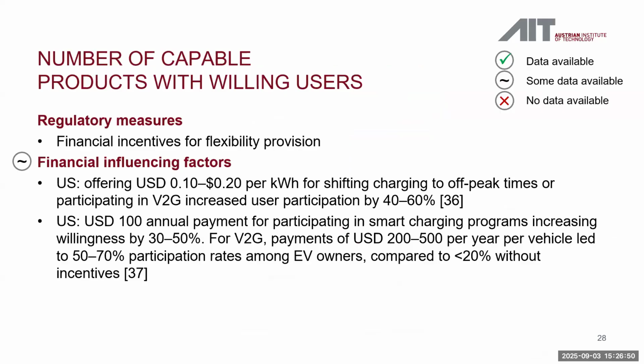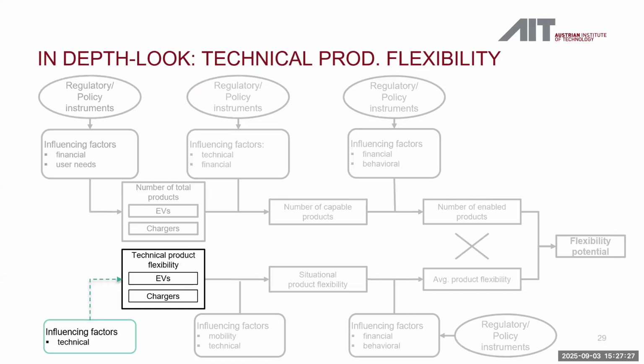For example, we can offer users cheaper electricity, so euro or dollar per kilowatt hour. If this rate is reduced, then people will be more likely to provide their EV as a flexibility product. Or you can also just pay them 100 US dollars, and they will be more likely than not willing to provide the flexibility to the system. So this is the user aspect.